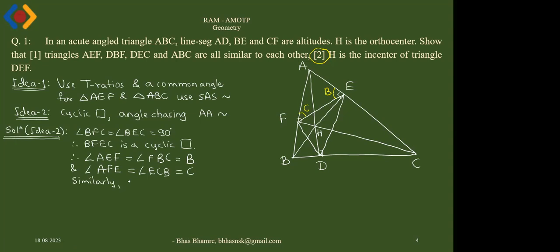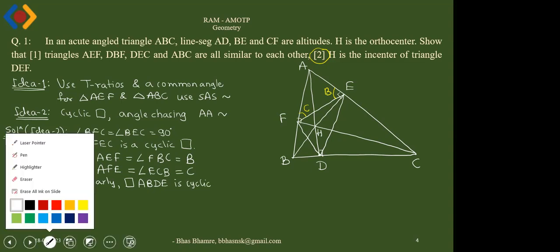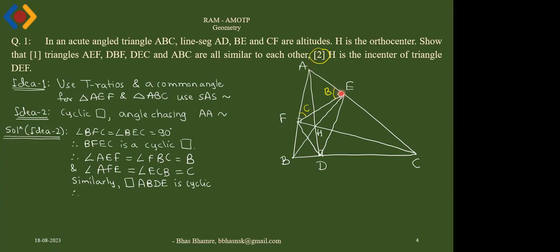we can say that quadrilateral ABDE is cyclic. Now you look in the figure, where is ABDE? Actually I used the fact that angle AEB is 90 degrees and angle ADB is 90 degrees.